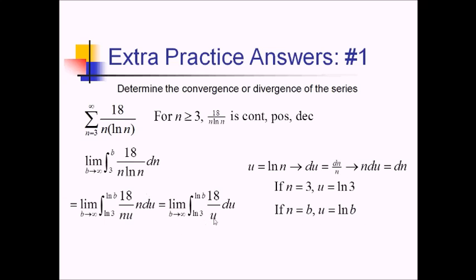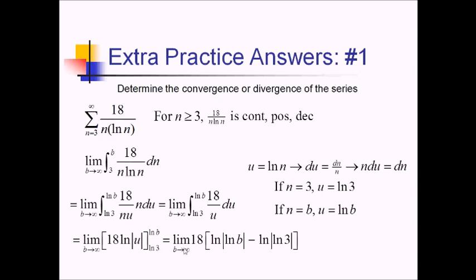And we're now free to just take the antiderivative of 18 over u, which is 18 ln absolute value of u, from ln of 3 to ln of b, still approaching infinity with our b value. Plugging all that in, we've got 18 ln of b, and I'll actually pull the 18 outside my evaluation box here. So we've got 18 times, and now inside we have ln of b minus ln of 3.